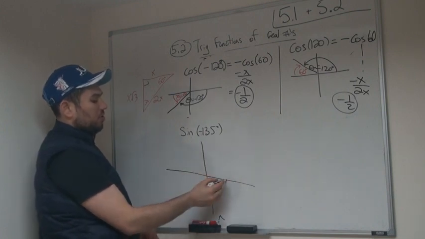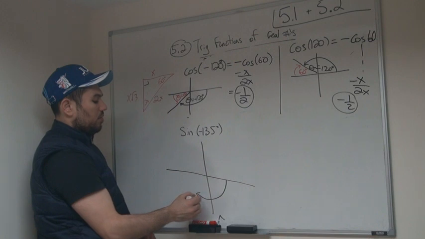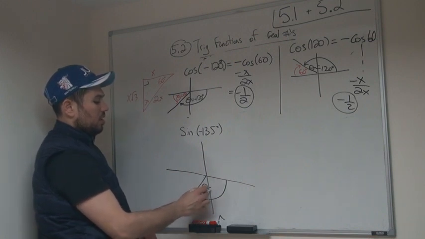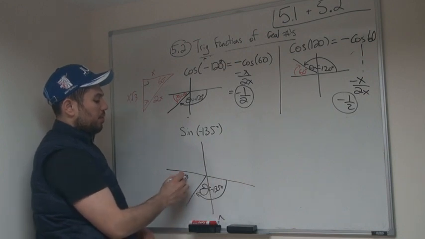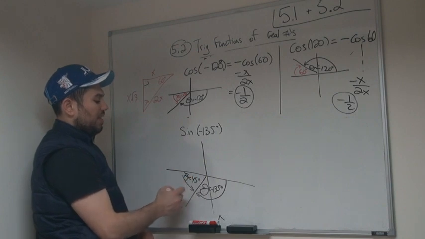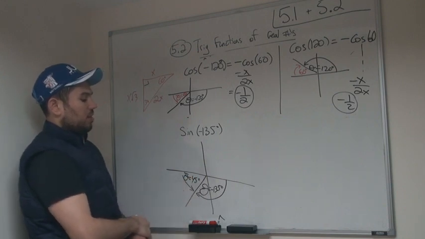So negative 135 degrees ends in quadrant 3. Theta bar is going to be 45 degrees still, but ends in quadrant 3.